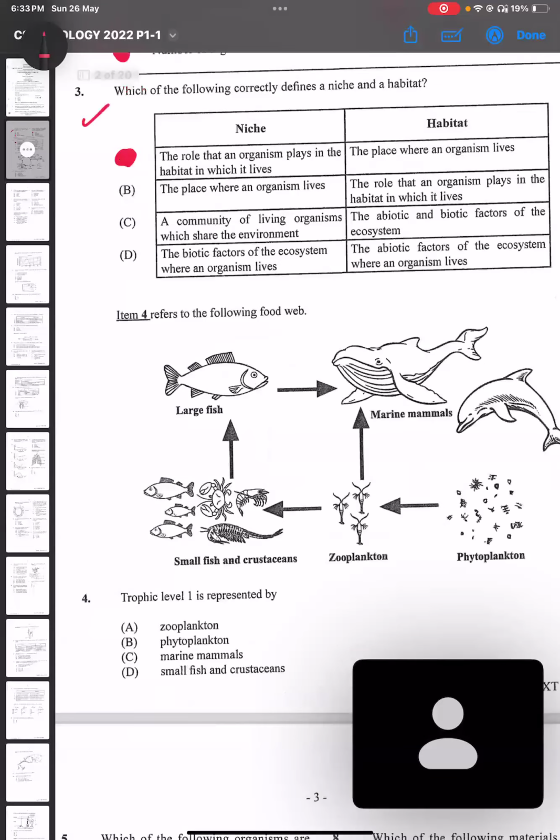It says level one is represented by. So which one is trophic level one represented by? Zooplankton, phytoplankton, marine animal, mammals, or small fish and crustaceans. B, your phytoplankton, because that is where it starts. That will be your first level in the food chain.